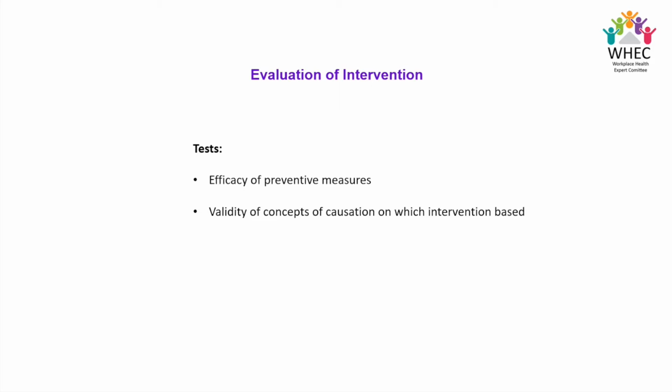And when an evaluation indicates that the intervention has not been effective, it is either because we are incorrect in our concept of causation, or the preventive measures that we have put in place have not been undertaken effectively. And frequently distinguishing between these two can be complex. I would like to start off with an example of this.